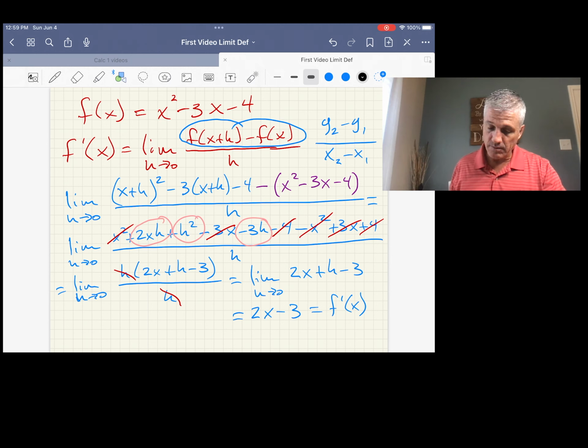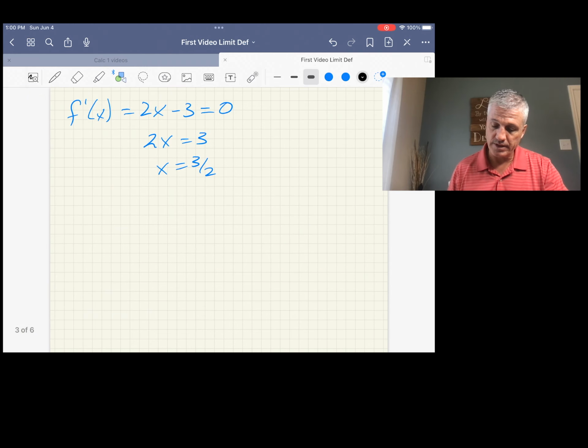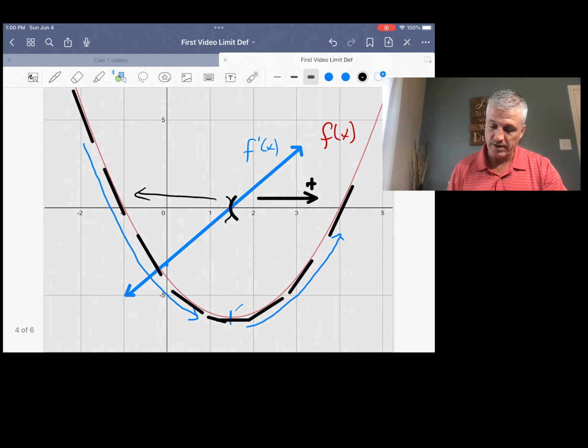But we wind up with, and this is important, a derivative function that is linear, which coincides with what we discovered earlier about the way that quadratic functions change over time, okay? And so our derivative function is 2x minus 3, and that makes sense graphically.